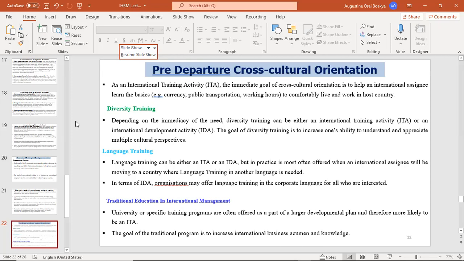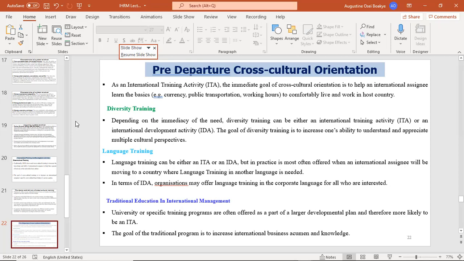So just like we learned last semester, a distinction can be made between training and development. At the international level too, a distinction can be made between international training activity and international development activity.